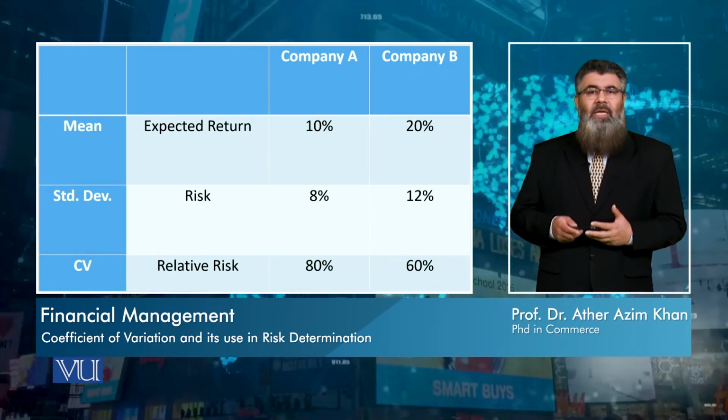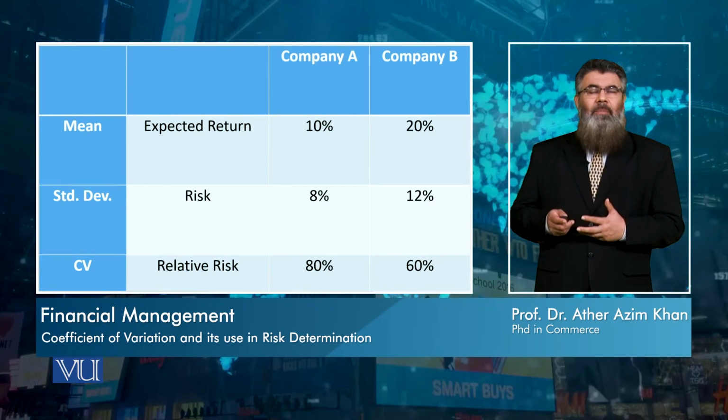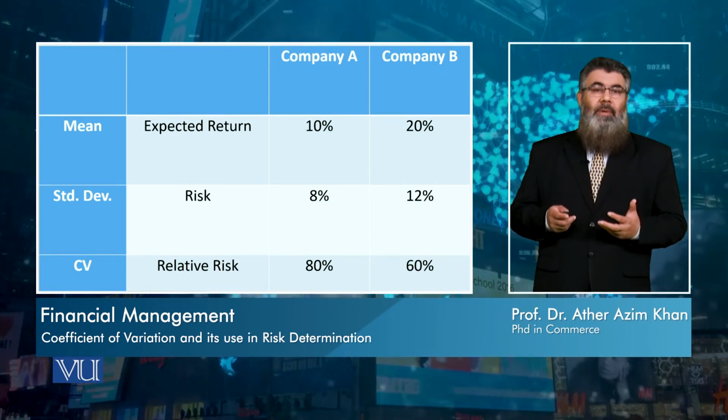यानी company B का expected return company A से 2 गुना है, it's double.